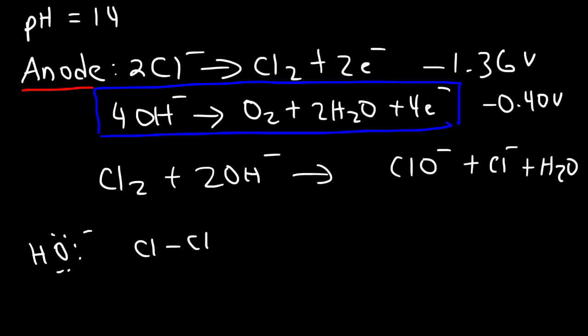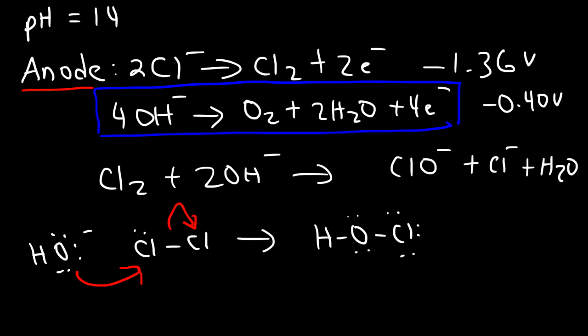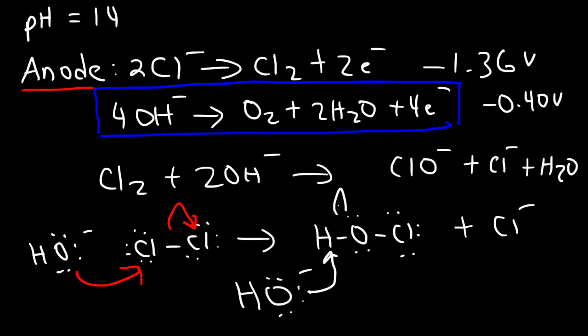So hydroxide will immediately react with a chlorine molecule, causing this to leave. And so initially, you're going to get the hypochlorous acid, which looks like this. And then you'll get chloride. Now, since the solution is basic, the hydroxide ions will immediately remove this hydrogen.